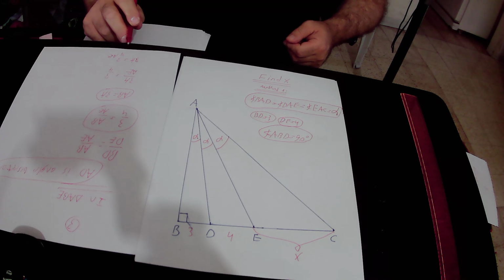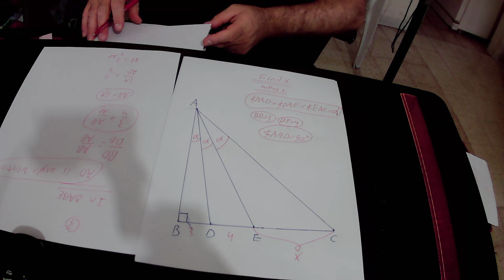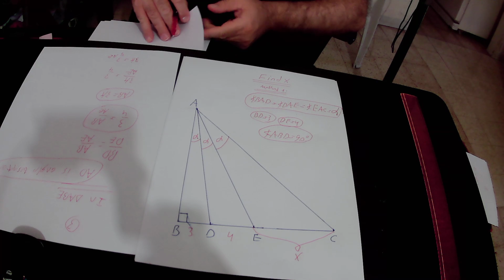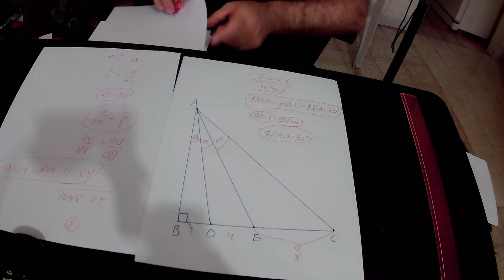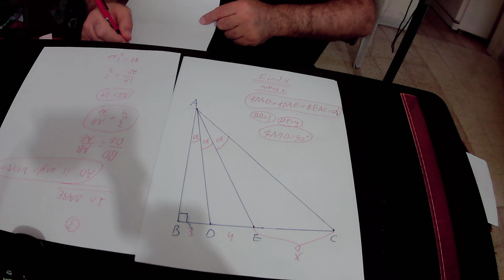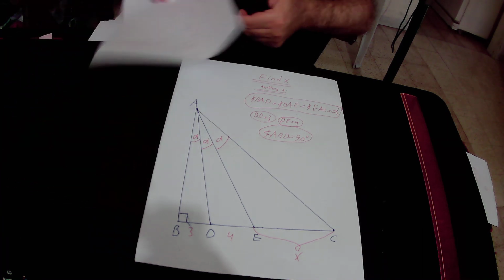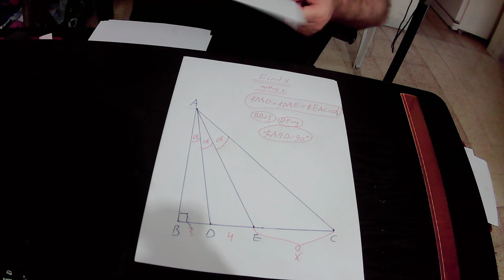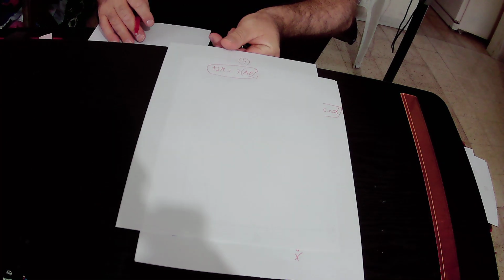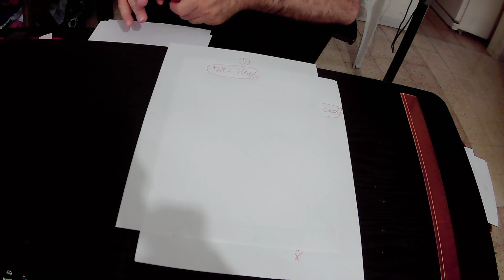Here we will multiply this equality by 4 and we will get that 4 times 3K is 12K equals 3 times AE.